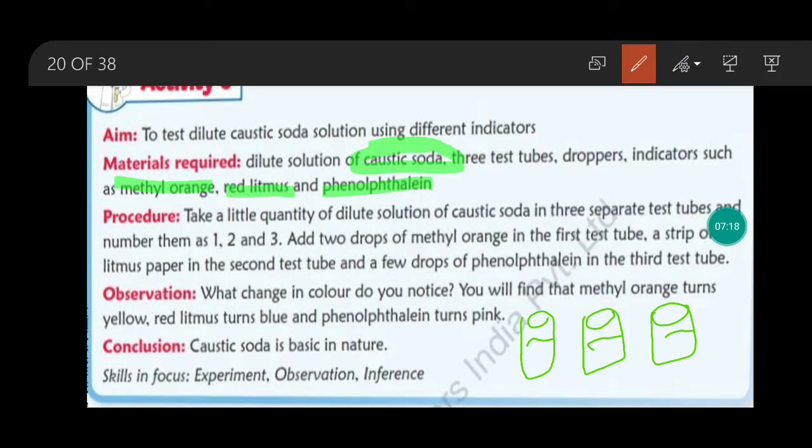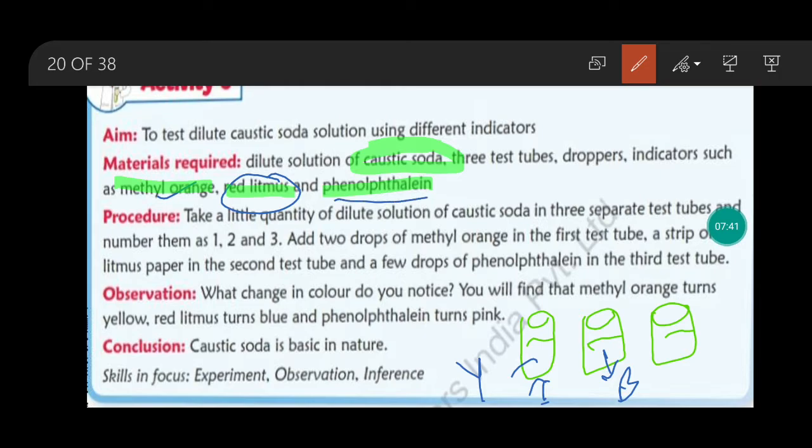If we add methyl orange in number 1, what will we observe? As we know, if we add methyl orange in a basic solution, the color will change into yellow. In the next case, if we use red litmus in a base, the litmus color changes into blue.